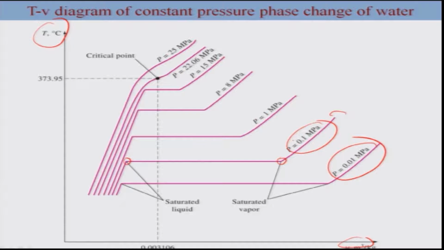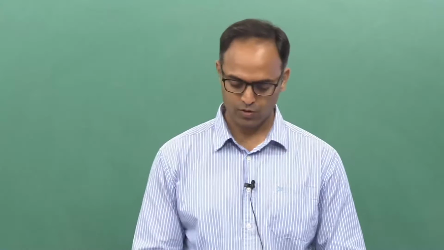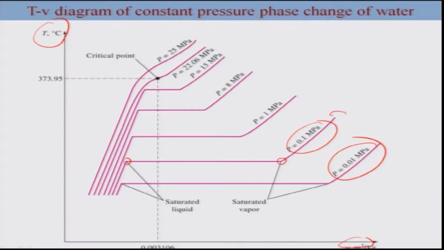You see that there is a positional change of saturated liquid and vapor. So saturated liquid is shifted to the left, saturated vapor is shifted to the right, the volume is shifted. So you see the vapor volume is more, the liquid is less, right? Or in other words, this difference is more at a lower pressure, and then this difference between these 2 points is decreasing as you increase the pressure.